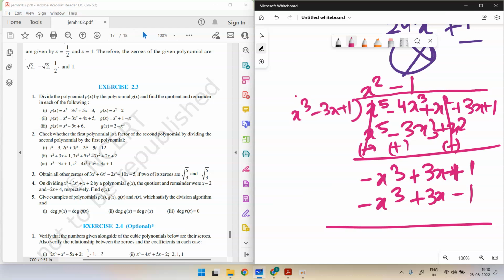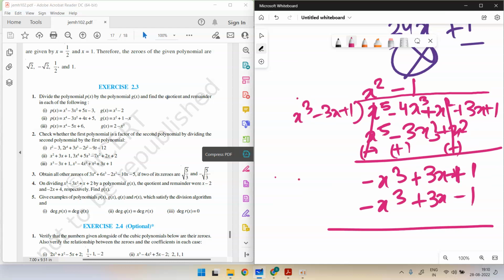You subtract this. Plus, minus, and plus. x square plus x square, it can cancel.